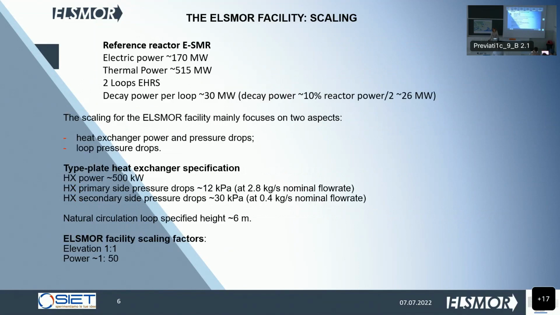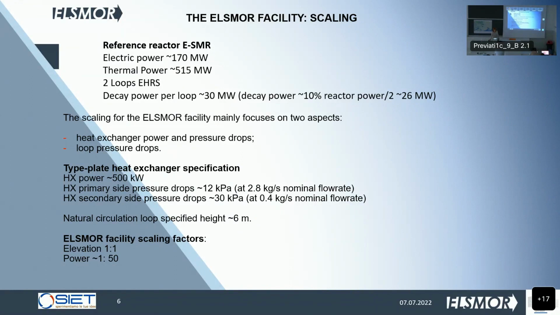For the ELSMOR facility, we have proceeded to scale down this natural circulation loop from the characteristics of the European SMR that has an electric power around 170 megawatt, thermal power about 515 megawatt, and it has two loops of emergency heat removal systems.